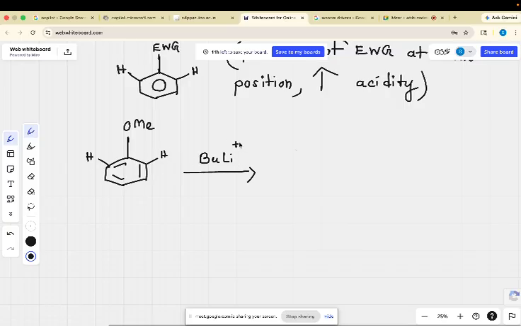So lithium is positively charged, butyl is negatively charged. So butyl minus will abstract the proton, and what will you get? A 4-membered ring, that is the transition state, right? Butyl minus is taking the proton, so this bond breaks.